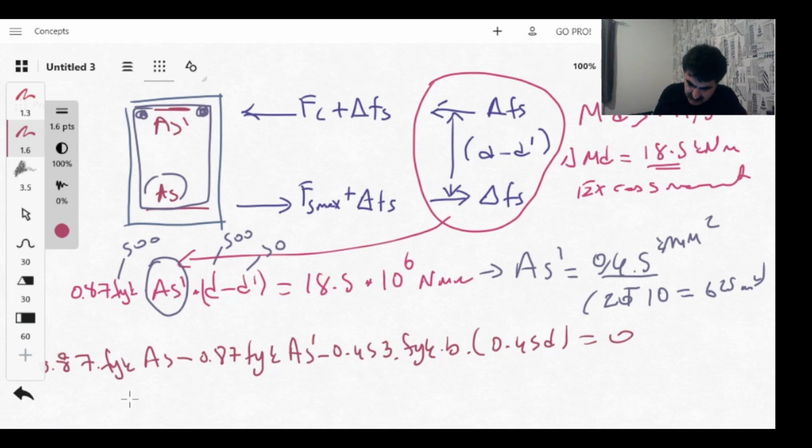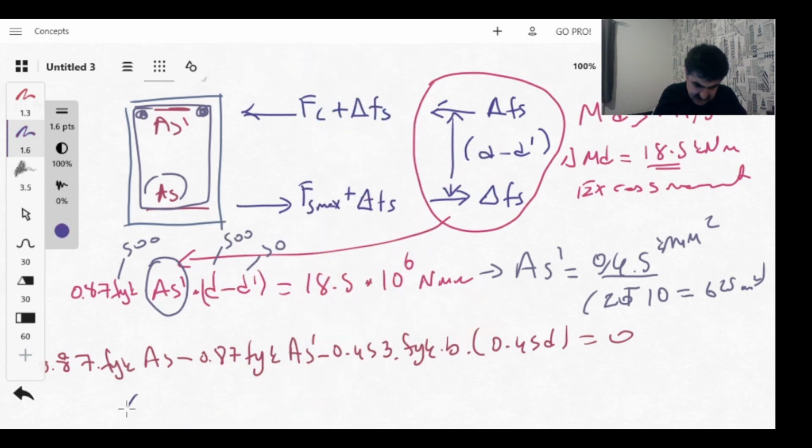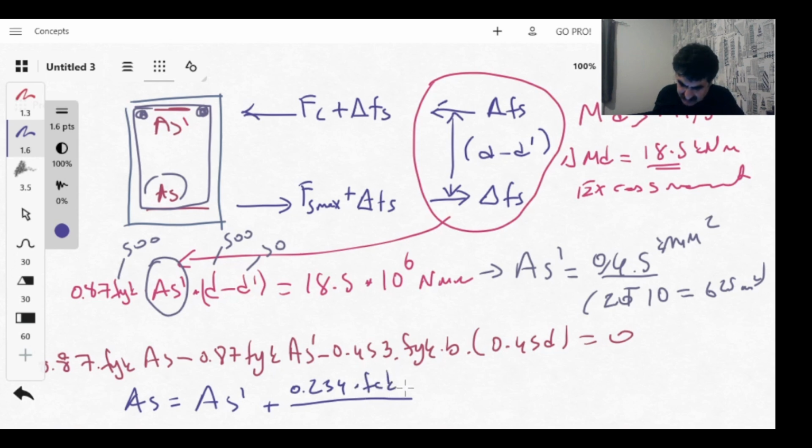So from here we can say AS will be equal to AS' plus 0.234 multiplied by fck multiplied by b multiplied by d divided by fyk.